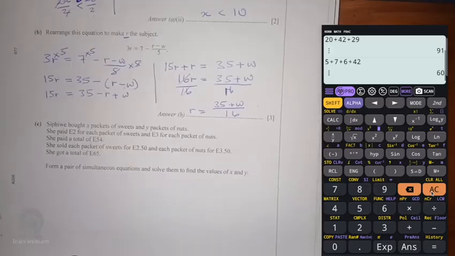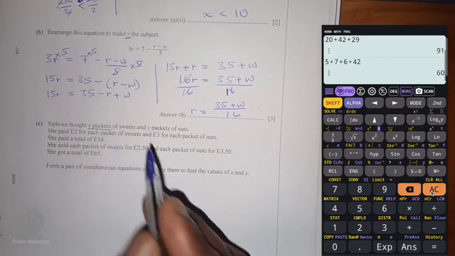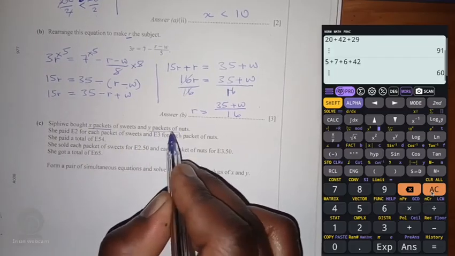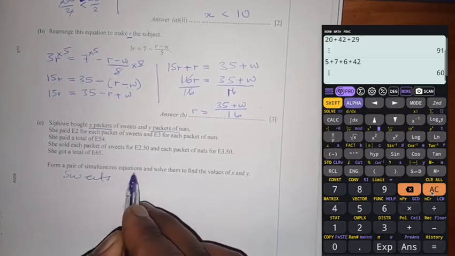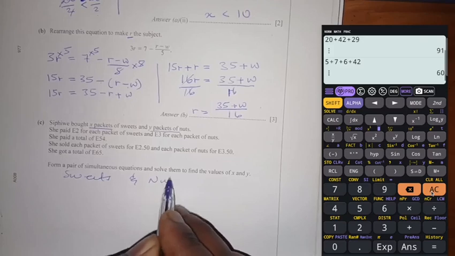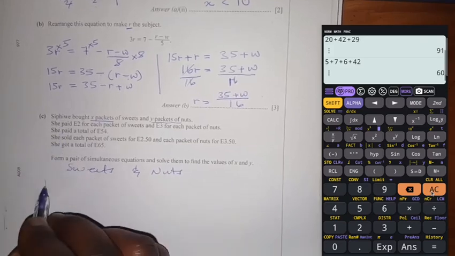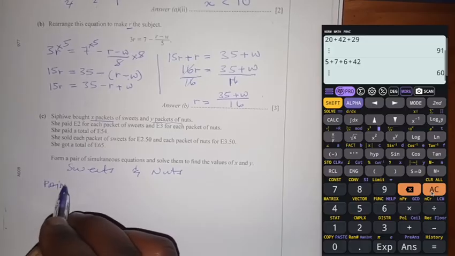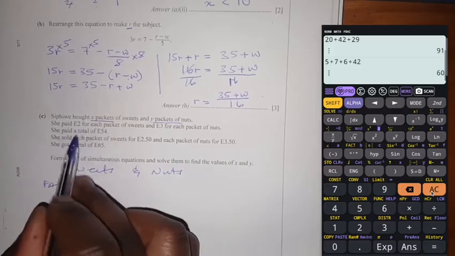Next question. Simbe bought x packets of sweets and y packets of nuts. So here we are dealing with sweets and nuts. We are trying to extract the given information.